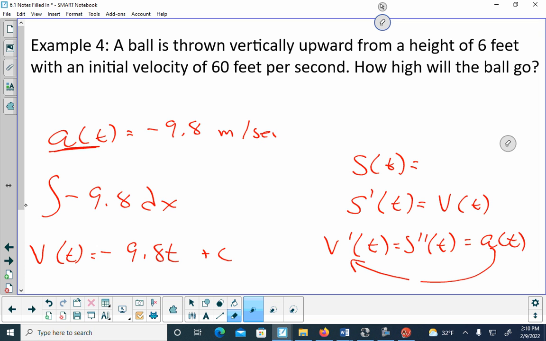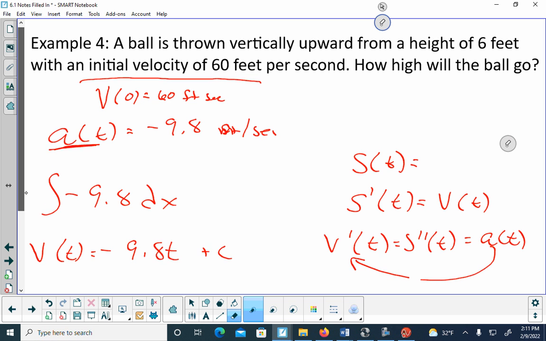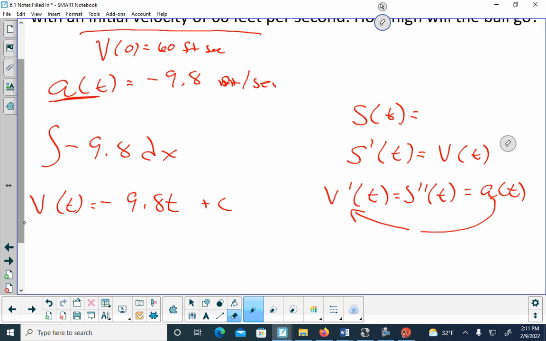So do I have anything up there that talks about my velocity? It says my initial velocity is 60 feet per second. So that means that v of 0, because that would be my initial at time 0, is equal to 60 feet per second. I'm going to change this to feet per second so we're in the same units. Can I substitute that in so I can find my c?